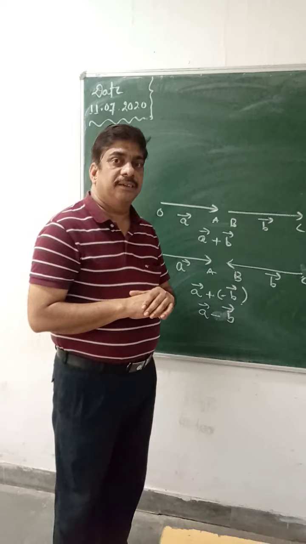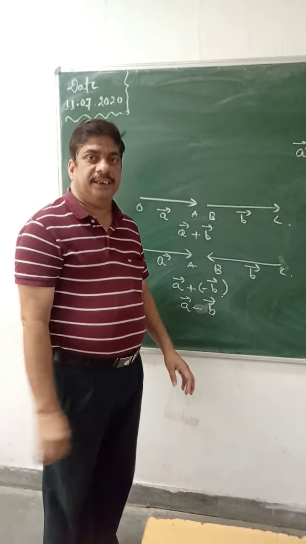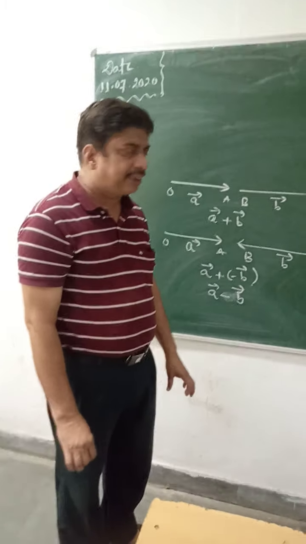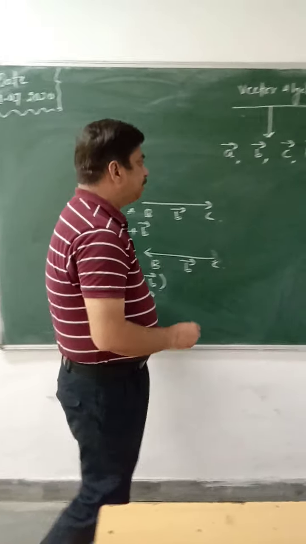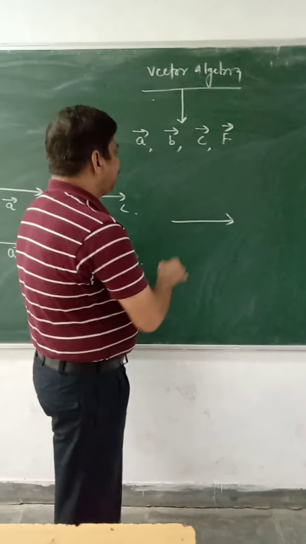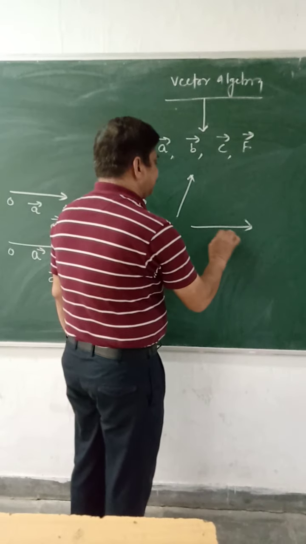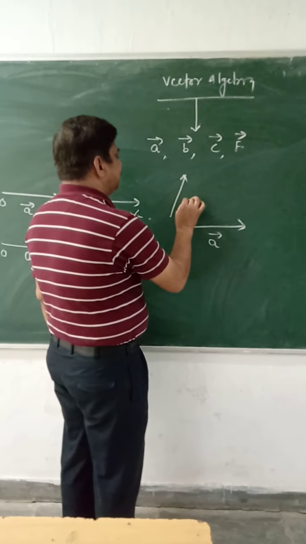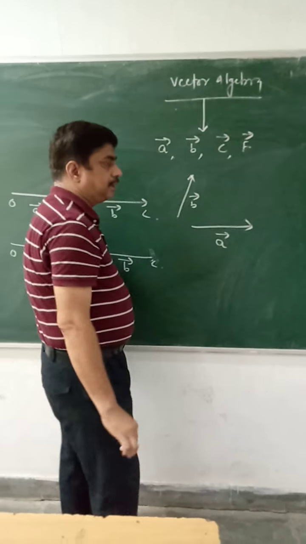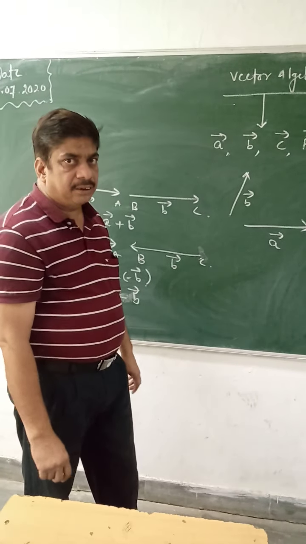Now the question is, if there is an angle between the two vector quantities, how do we add and subtract them? For example, this is vector A and this is vector B. How can these two vectors be added?